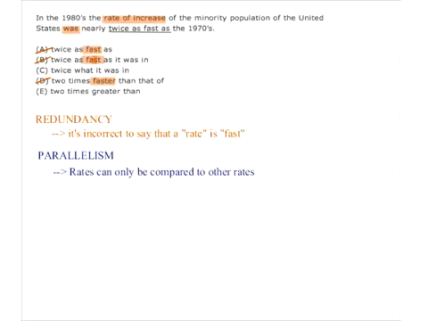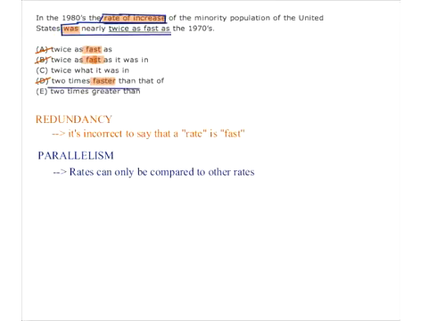So if we have this, the rate of increase was twice as fast as the 1970s.